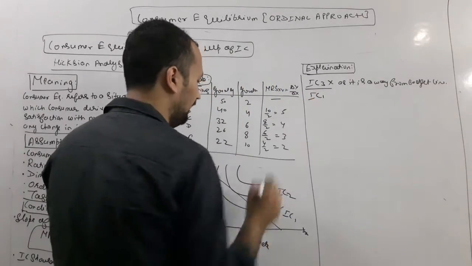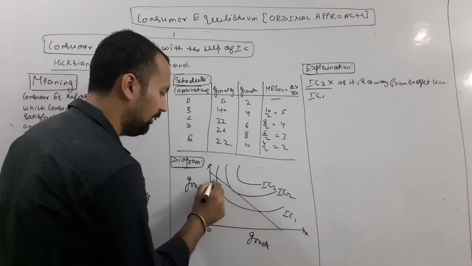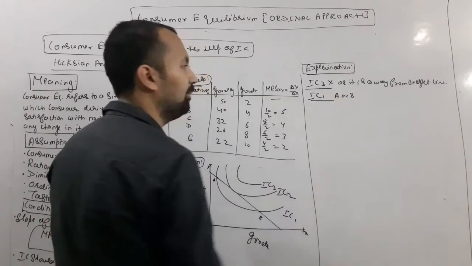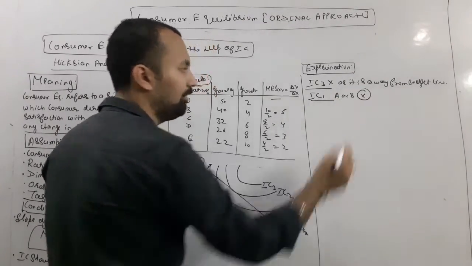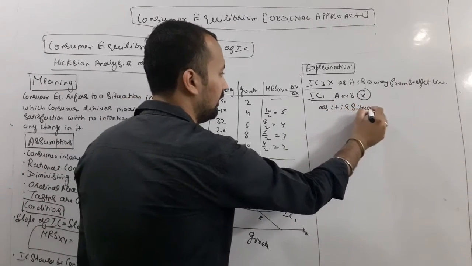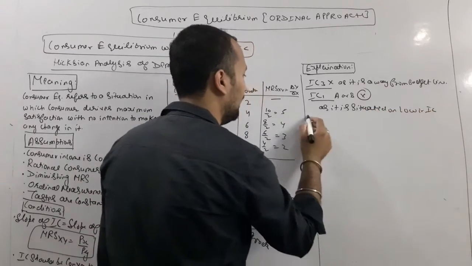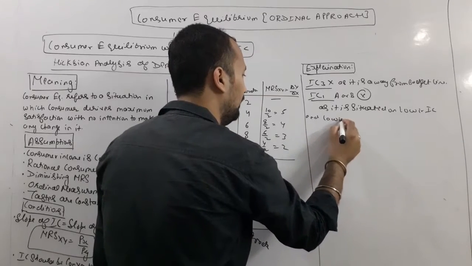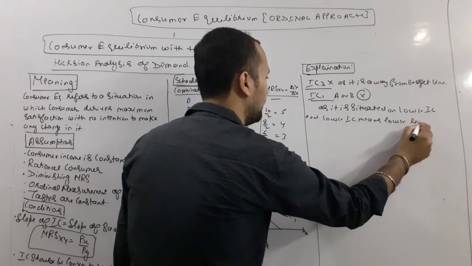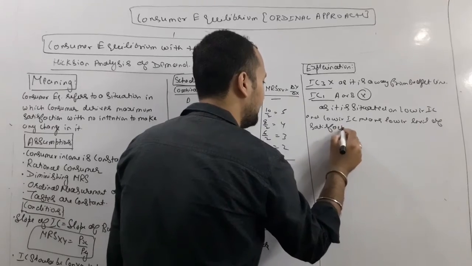IC1 can have points of equilibrium, that is A and B. I am writing down A and B. A or B can be the situation of equilibrium, but it is not, as it is situated on a lower IC, and lower IC means lower level of satisfaction.